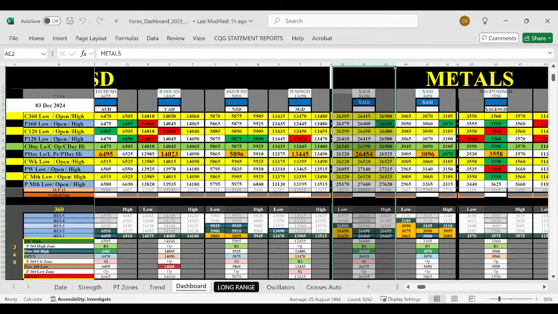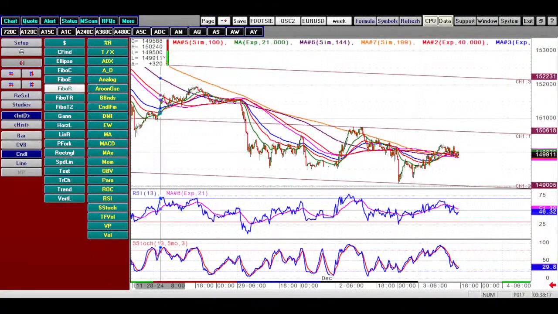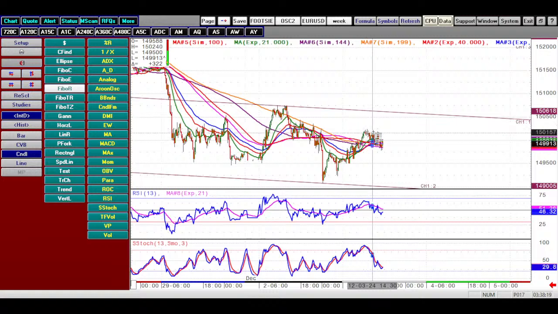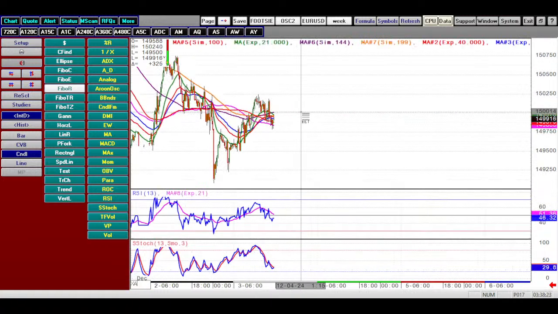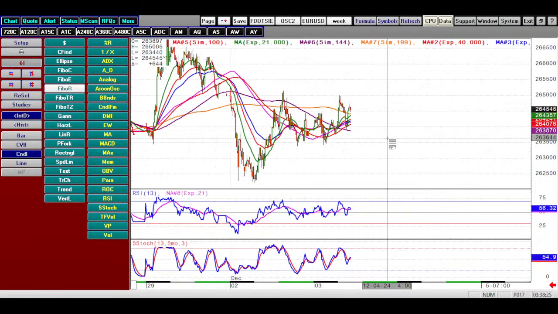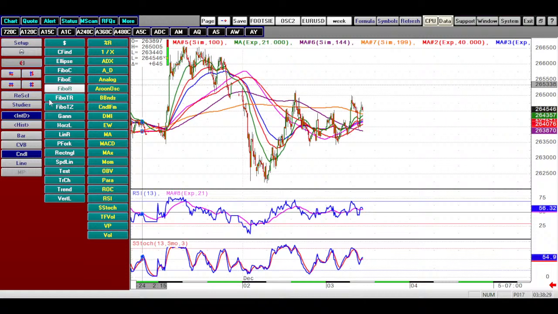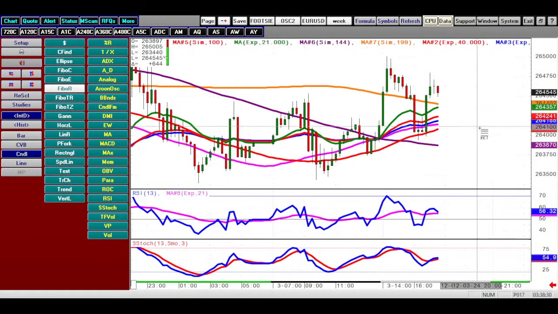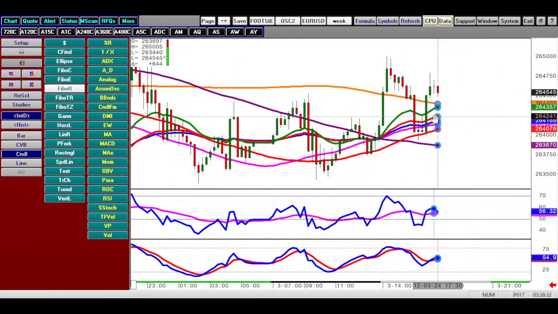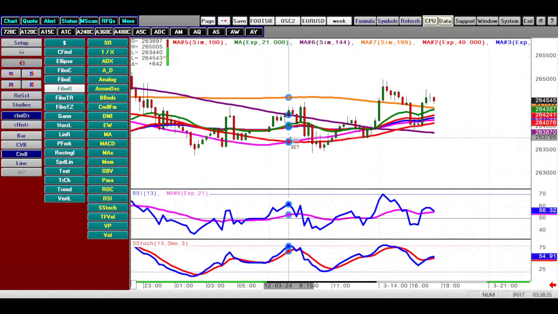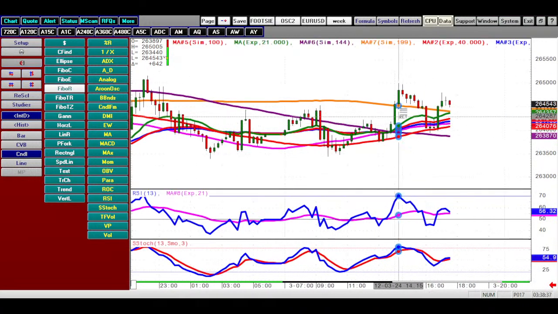Okay, so now let's go into the chart. If you look at the chart, what the market is telling us is this might be the high.